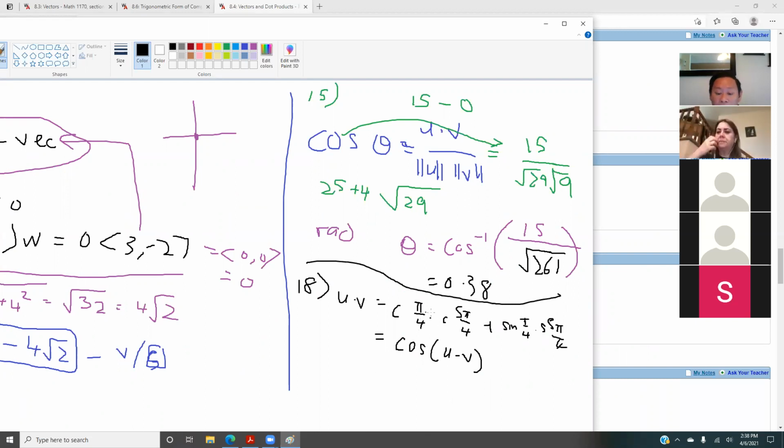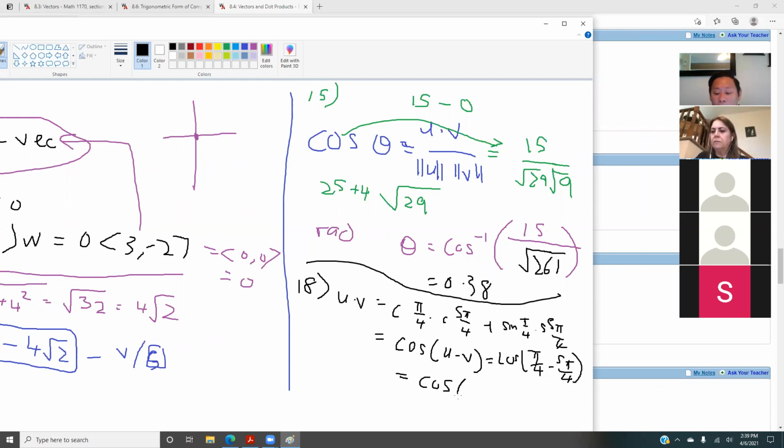So what you do in this case is we just subtract. So what is cosine of pi over 4 minus 5 pi over 4? Negative pi.